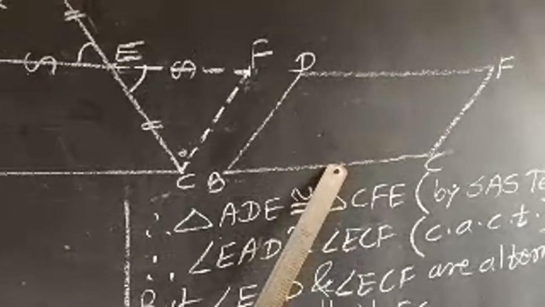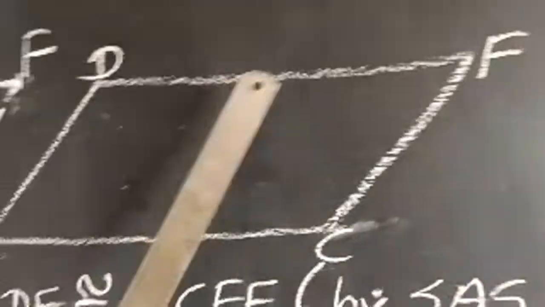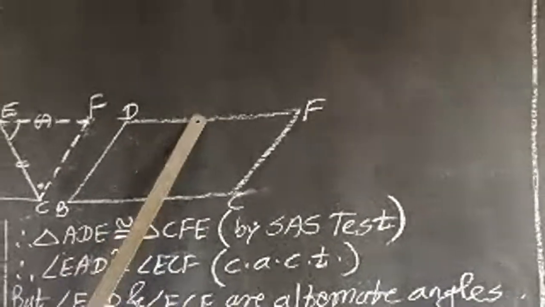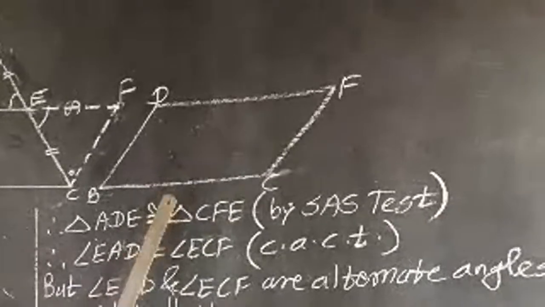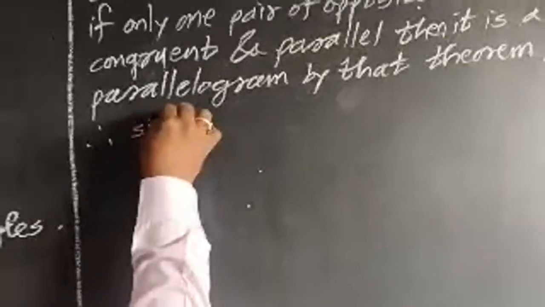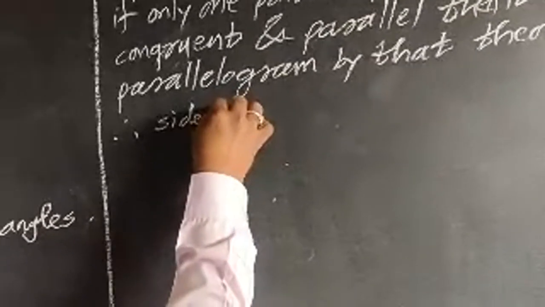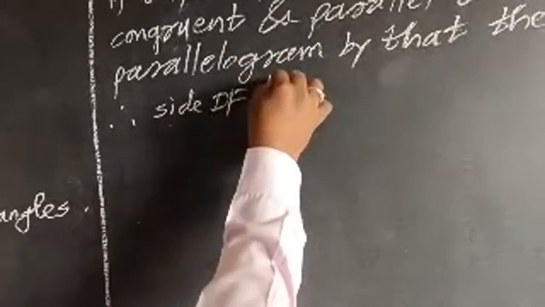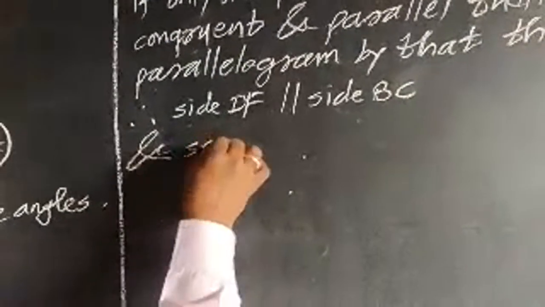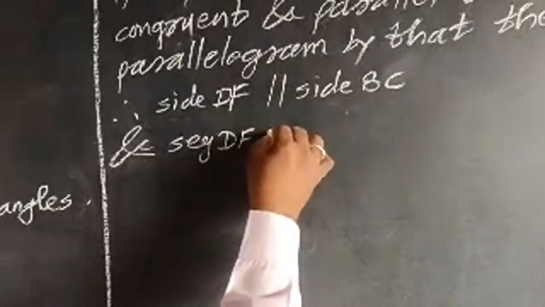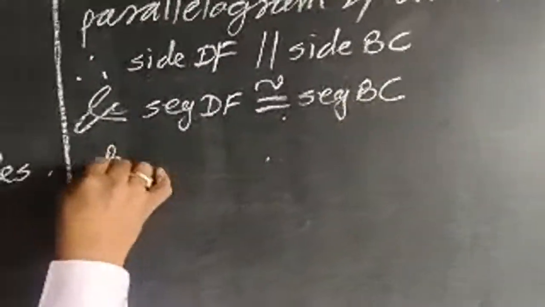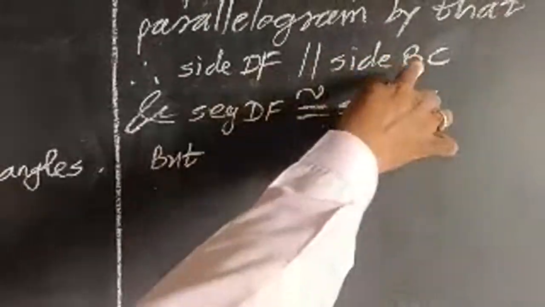Tell here which sides are parallel: DF and BC are parallel and congruent. Side DF is parallel to side BC and segment DF is congruent to segment BC.